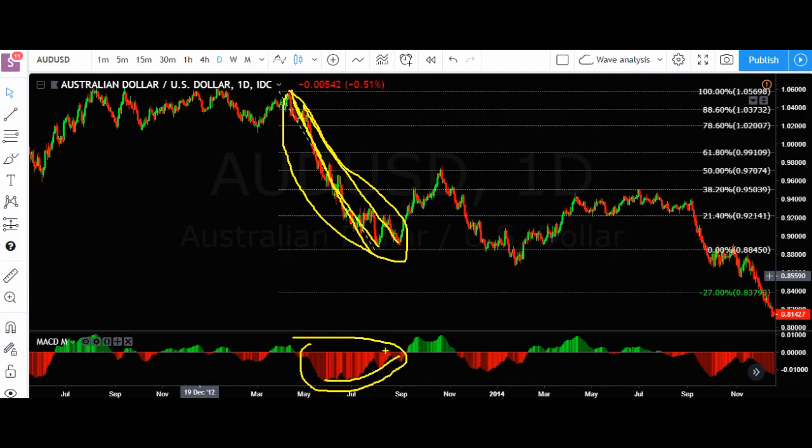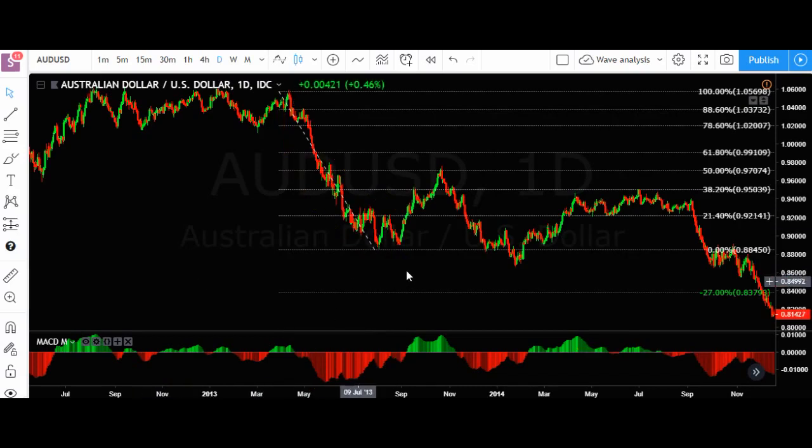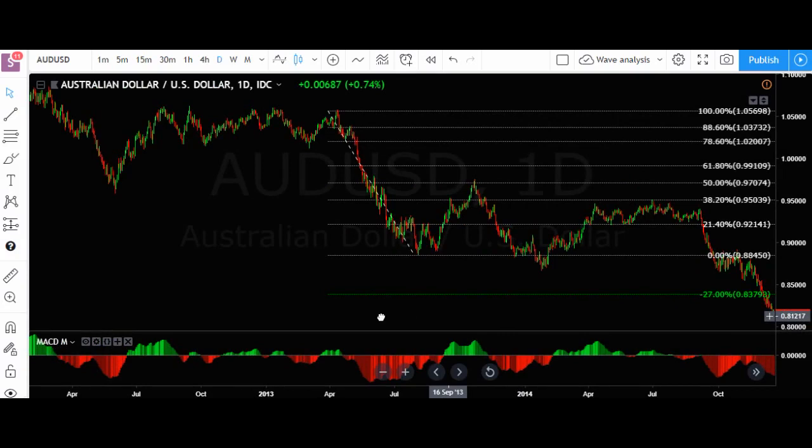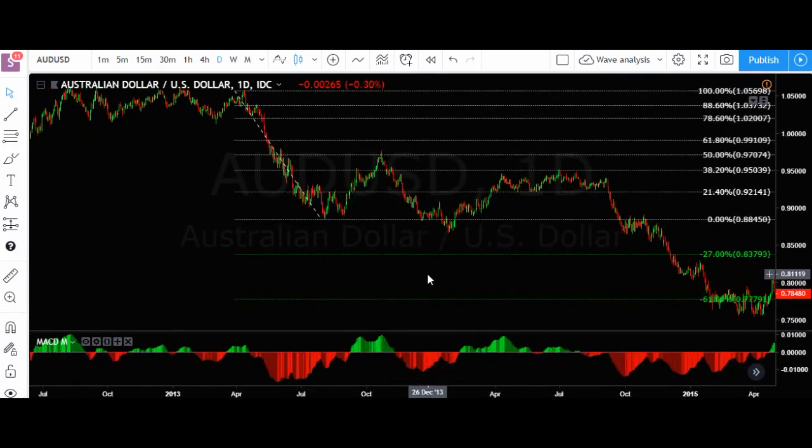That can give you a clear indication of identifying the impulse. One thing you'll also notice is that when we're in a correction phase, this MACD will be close to the middle, to your 0. So let's flip this, and I just want to see what structure we actually had, and this is what we had.